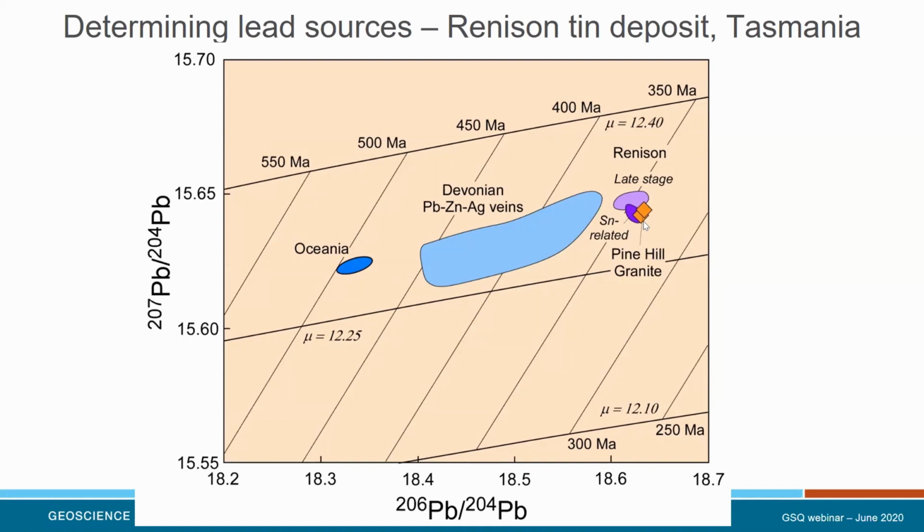And since the Pine Hill granite extends to within a kilometer of the Renison deposit, we're quite happy that the Pine Hill was a source of the lead at Renison and probably also the tin. That's exactly what we expected, but it's nice to have confirmation.